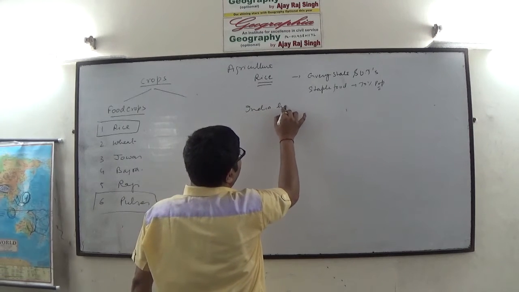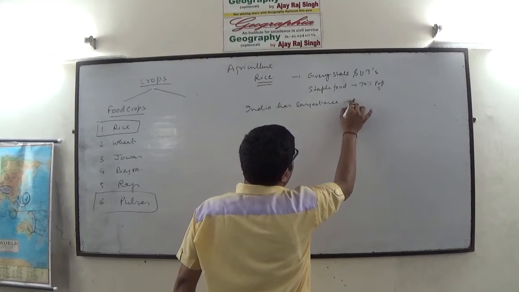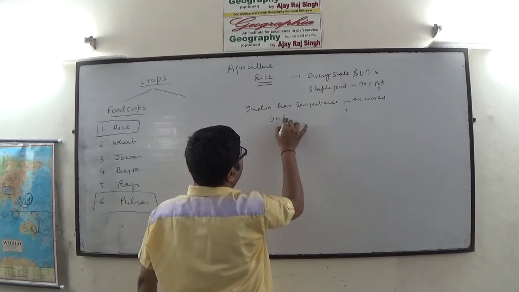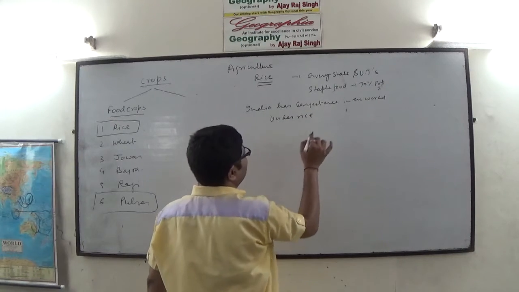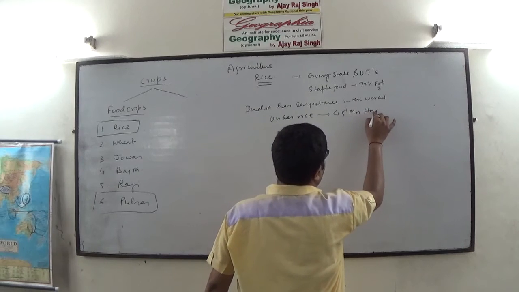India has the largest area in the world under rice, that is 45 million hectare.